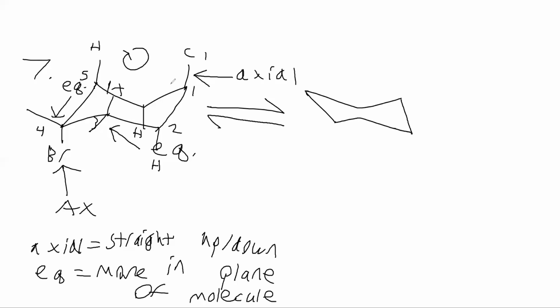Yeah, okay, so I understand now. You got it. So yeah, it's going to go from being in the top right to being on this bottom right position. And is it going to be axial or equatorial now? Yep. So you can look at it 2 ways.